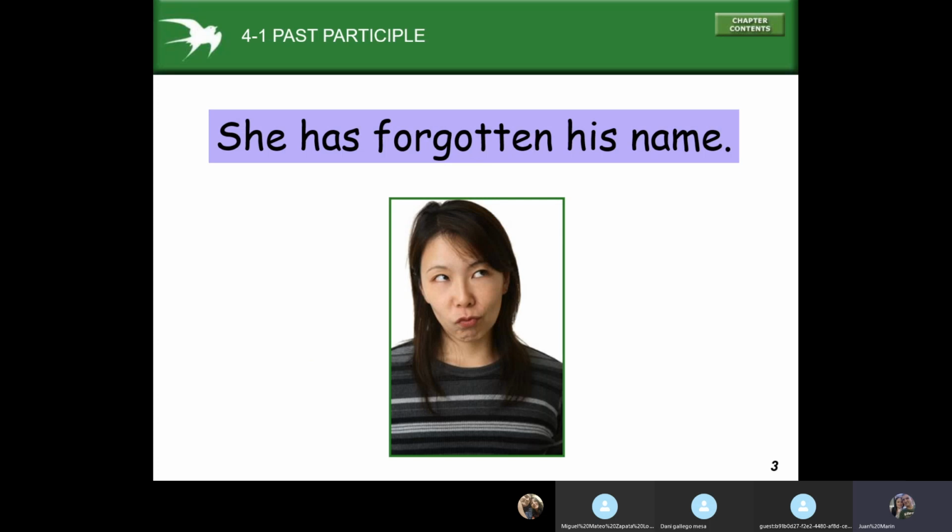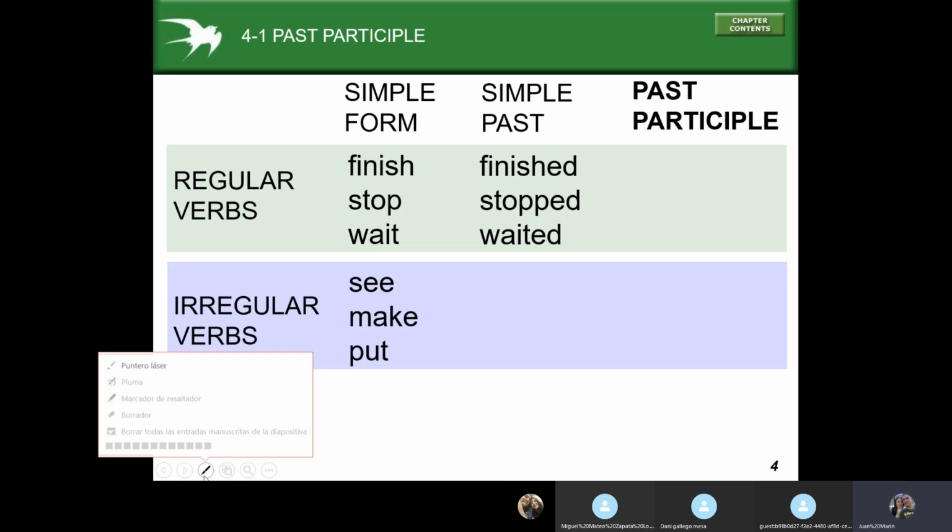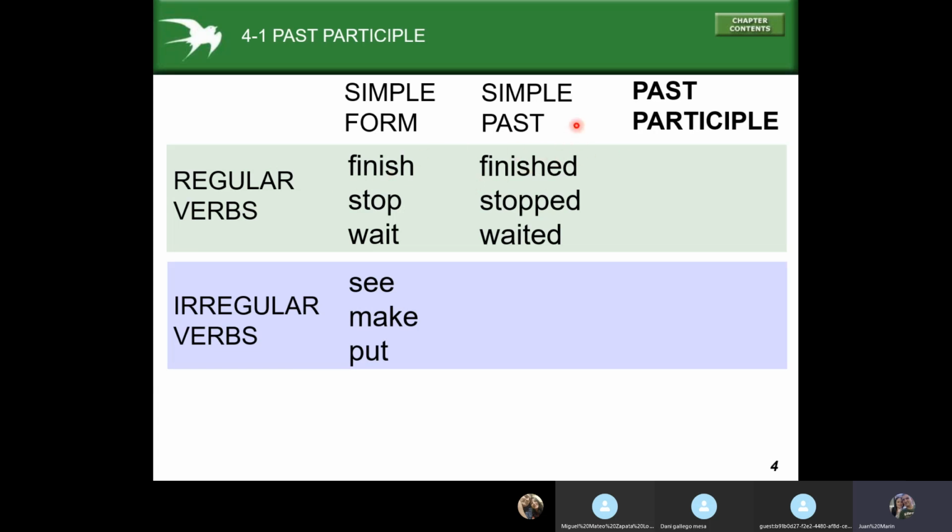Okay, so she has forgotten his name. Remember, regular verbs like finish, stop, and wait have a rule, a regular form. You just put ed at the end of the verbs. So what is the past participle for regular verbs, for example, of finished or stopped?